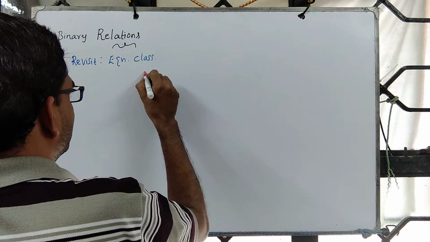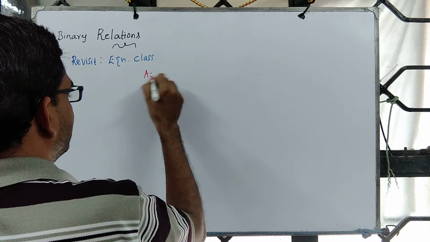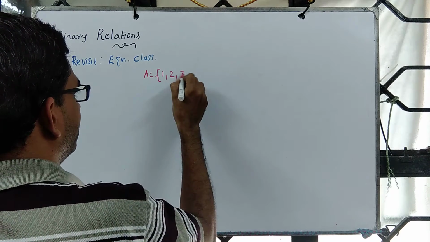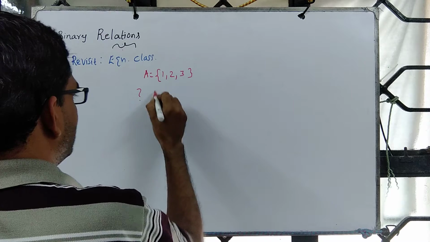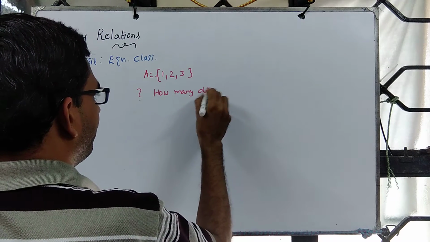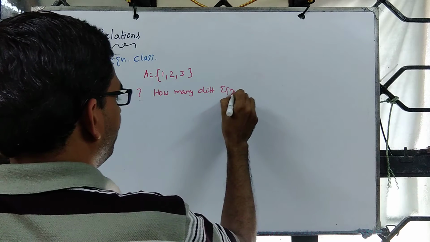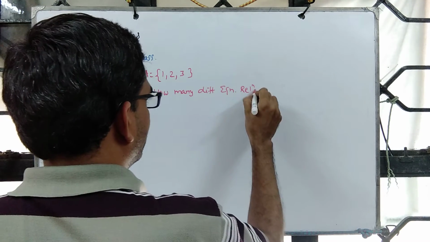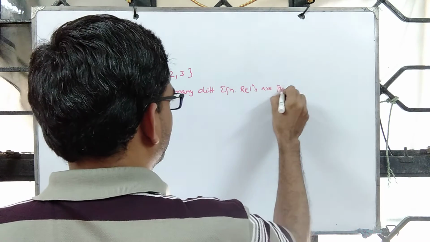The question is this: given a set {1, 2, 3}, we ask how many different equivalence relations are possible.